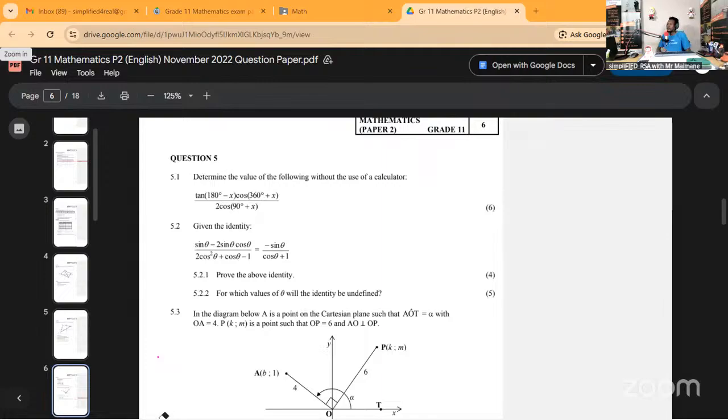What do you think they mean when they say, for which values of theta will the identity be undefined? Anyone?